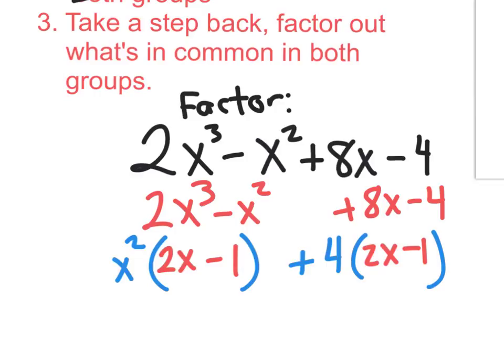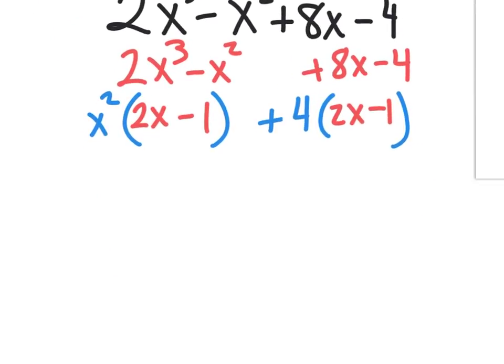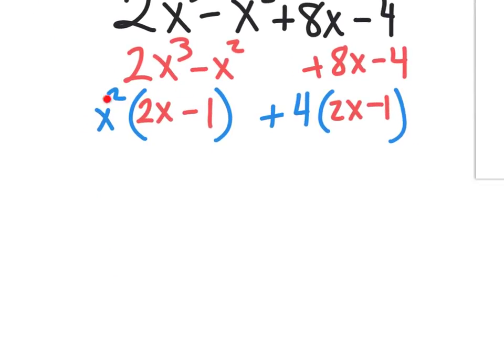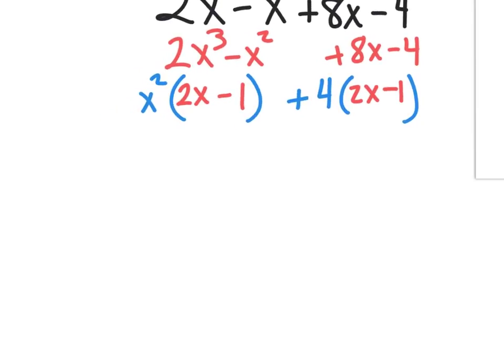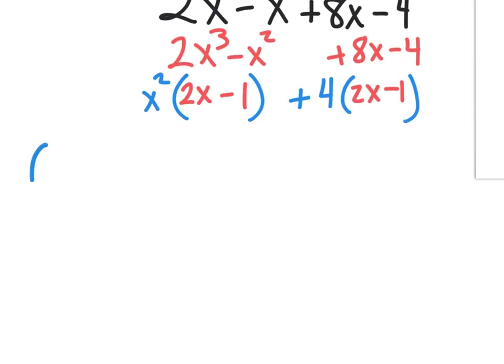So ladies and gentlemen, let's take a step back here. Here's my first group. Here's my second group. What's in common in both groups? The 2x minus 1. So I'm going to take the binomial 2x minus 1 and I'm going to pull it out of both groups. That's step 3. Ladies and gentlemen, let me show you. I'm going to pull out the 2x minus 1.